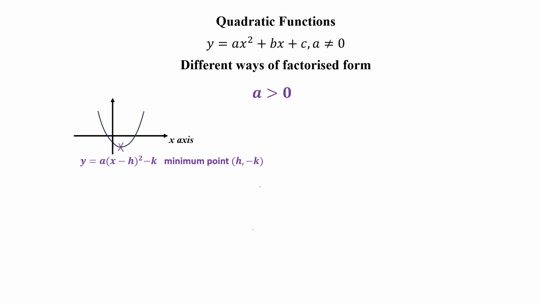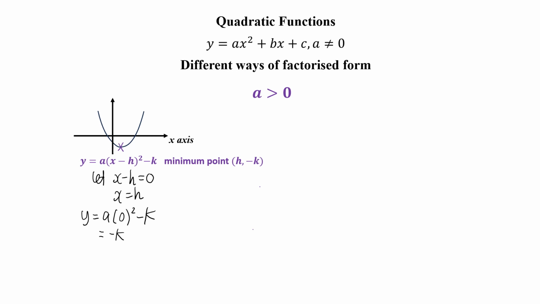Simply let x minus h equal 0, and you have x equals h. If x minus h is equal to 0, what will you end up with for the y coordinate? You would have a multiplied by 0 squared minus k, and that will give you the y coordinate to be negative k. So therefore, your minimum point will be h comma negative k.